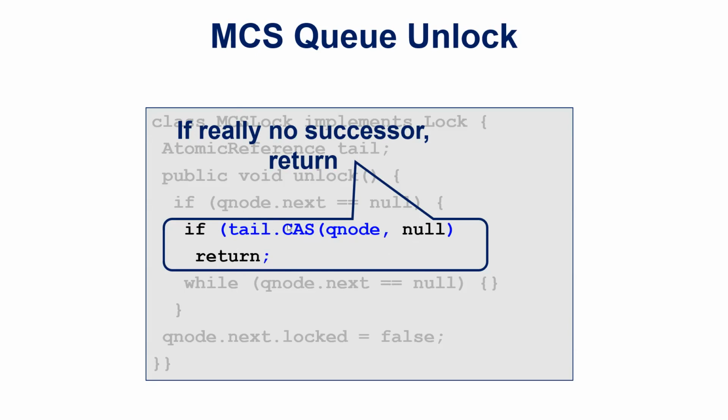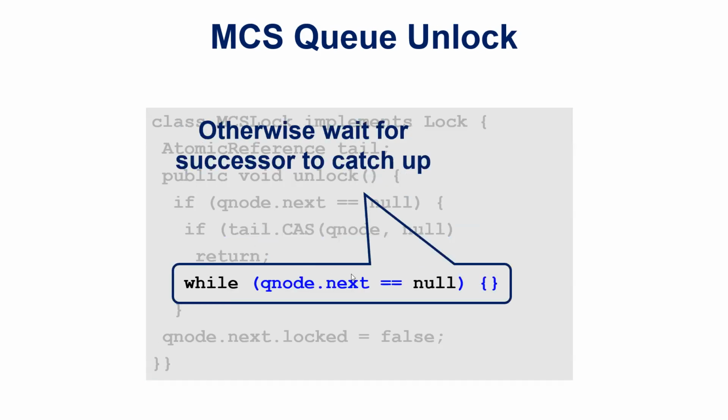For example, if this CAS operation fails, it will return false, right? Whenever it fails, it indicates that there is some other thread in the queue. Then what we are doing is waiting until that particular thread comes.